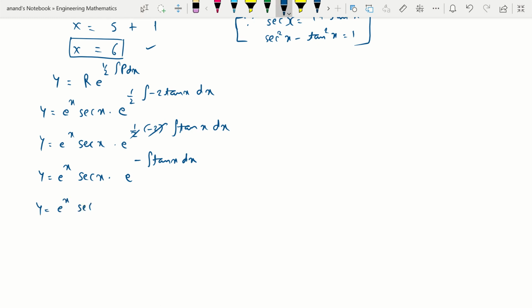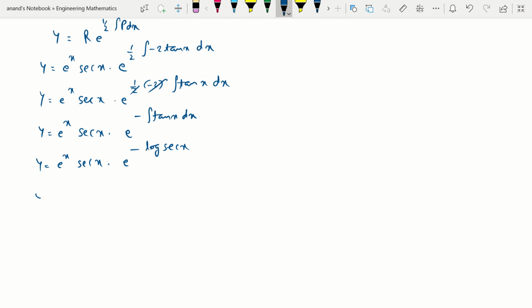So here we get e to the power minus log of sec x. So it can also be written as e to the power log 1 minus log of sec x, since it will create no difference here since log 1 is equal to 0. Here base of log is e everywhere.